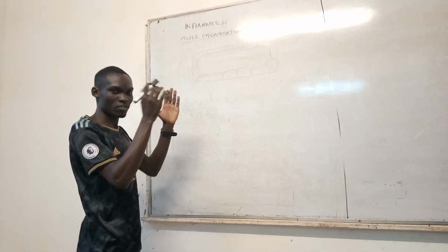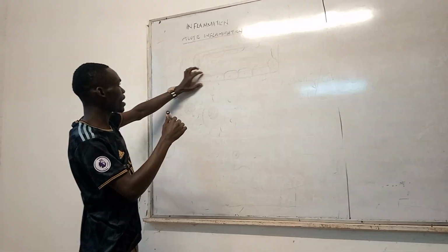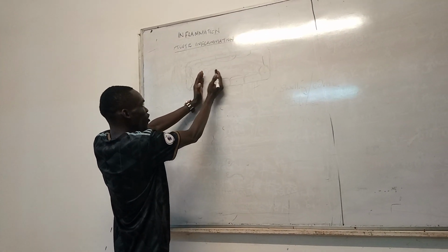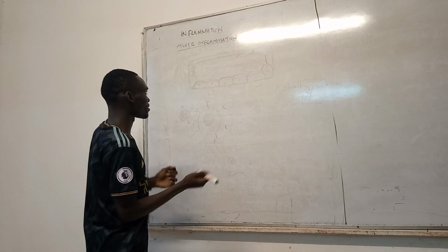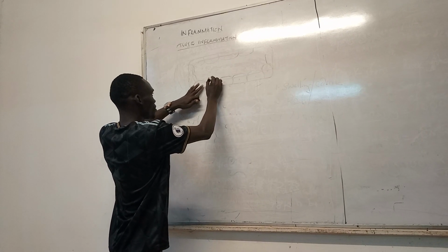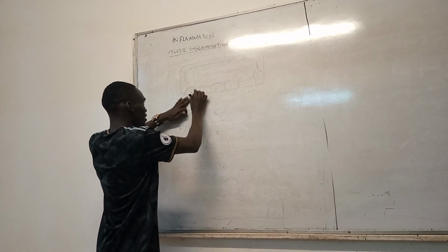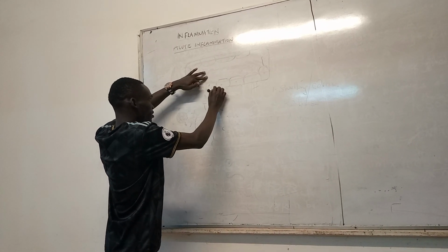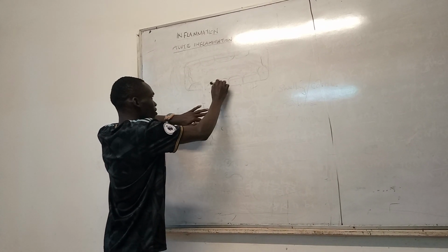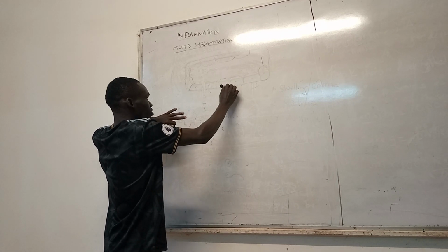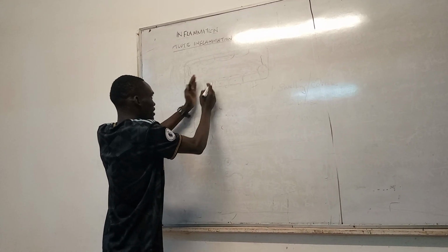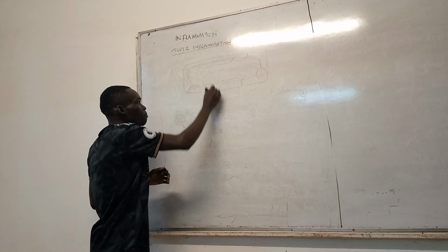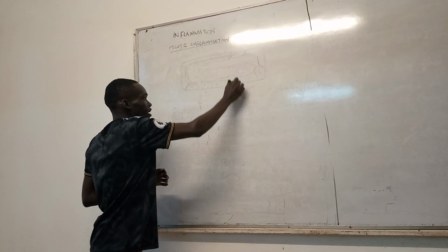They contract. So we have the normal endothelial cell. Once these endothelial cells contract, what happens? They tend to reduce in size, meaning there are gaps over here. They are contracting, thereby creating gaps over here.